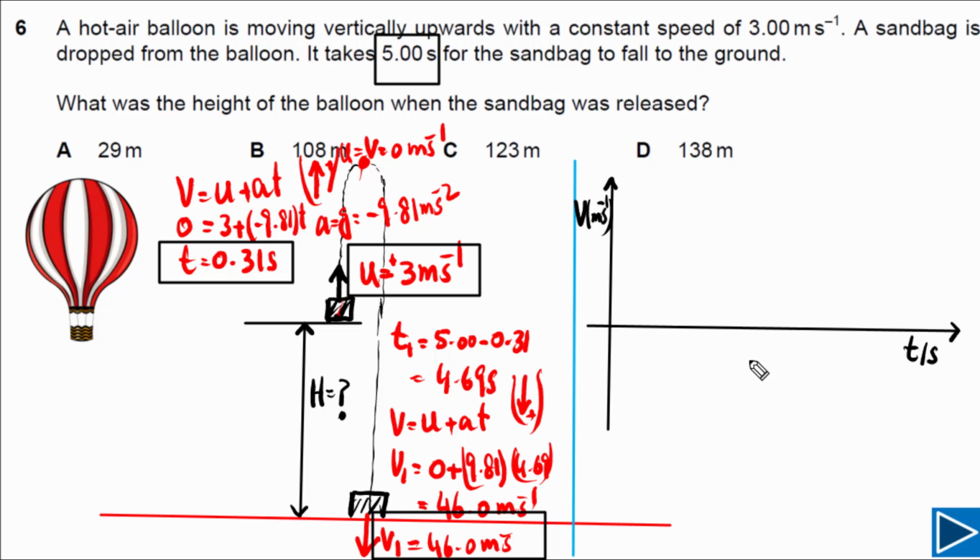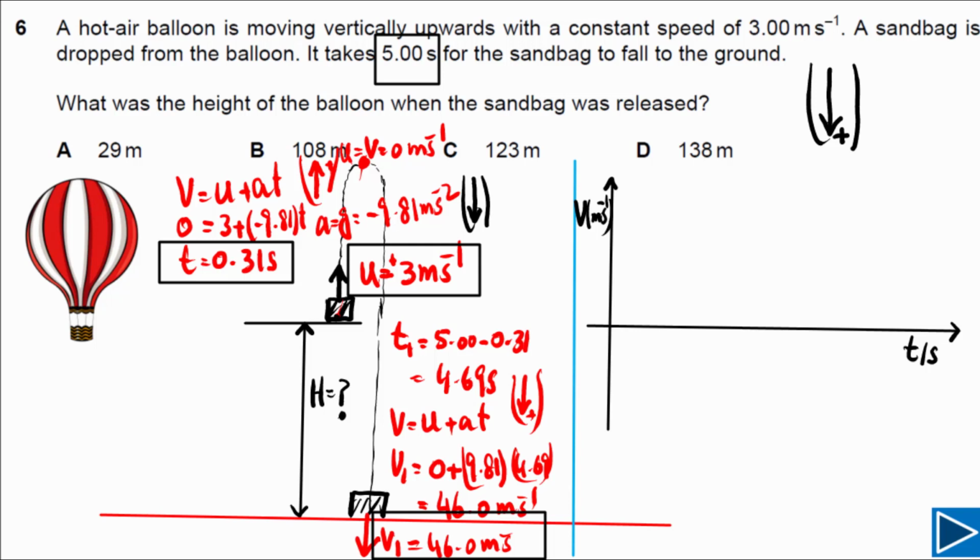One thing we need to understand is that in this case our acceleration is constant and its direction is downwards, so the gradient of the velocity time graph has to be constant. We also need to consider one direction as positive, let's say downward as positive, because our vertical displacement is downwards from the point of release, so we will get a positive answer for vertical displacement.